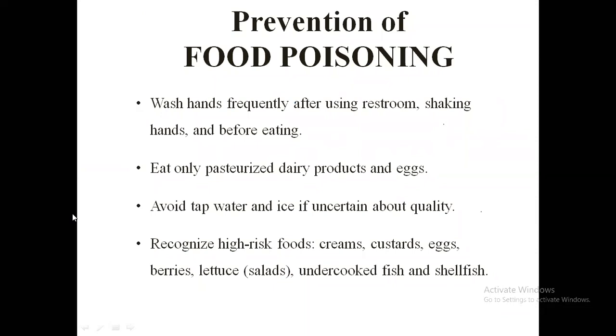So if you see that overall, how you manage the food poisoning, prevention is one of the very important things for any such kind of hygiene related infections. So we should wash the hands very frequently, after using the restroom, shaking hands, and before eating.